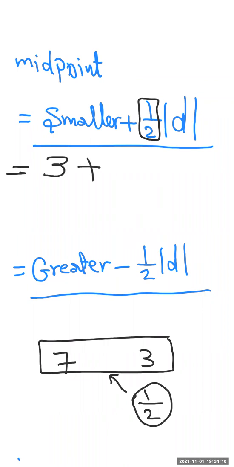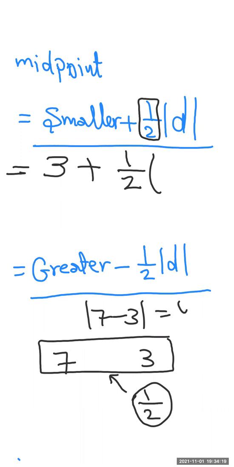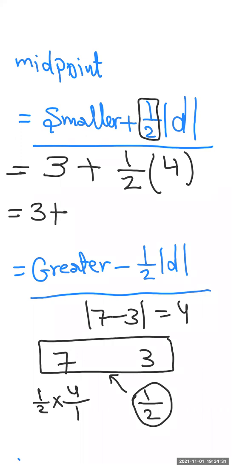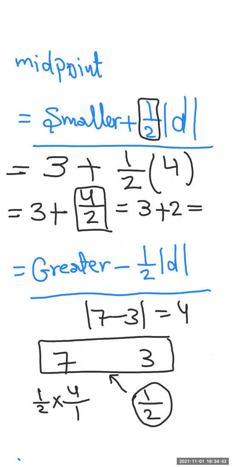Plus half times the distance between 7 and 3. So it's 7 minus 3, which equals 4. So times 4. Now it will equal 3 plus 1 over 2 times 4. Actually, it's 1 over 2 times 4, which is 4 over 1 because it's a whole number, so it will equal 4 over 2, right? Yes. So now 3 plus 4 over 2, meaning 2. So the number is 5.